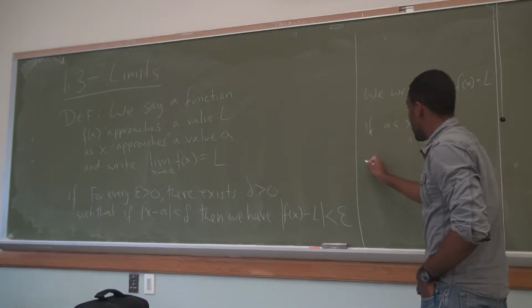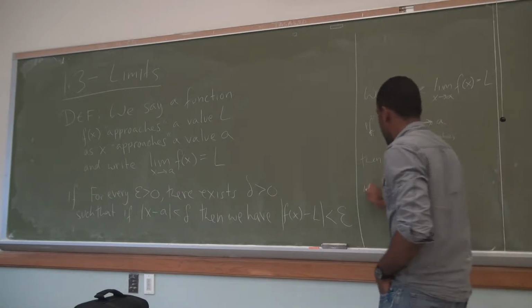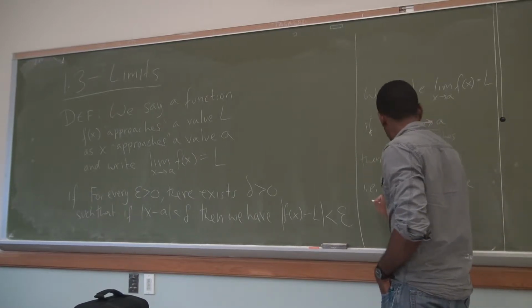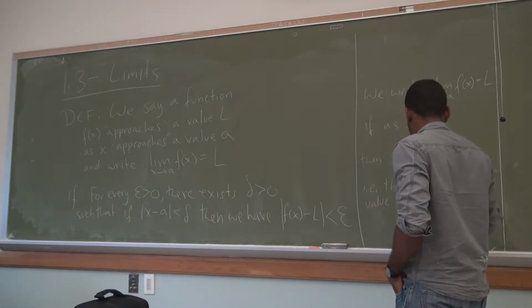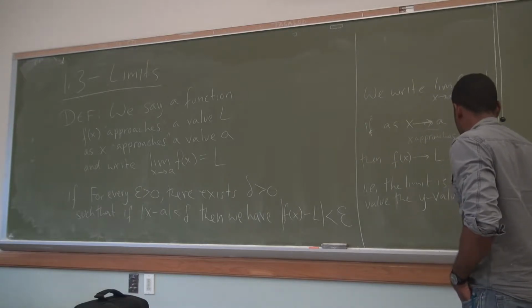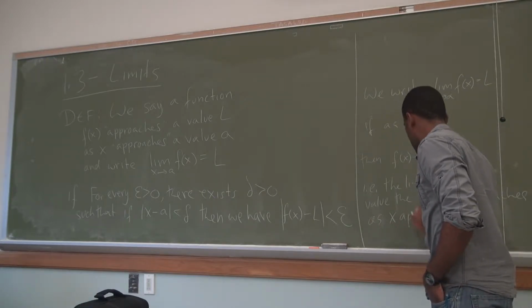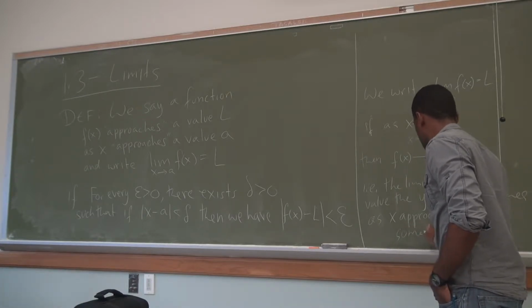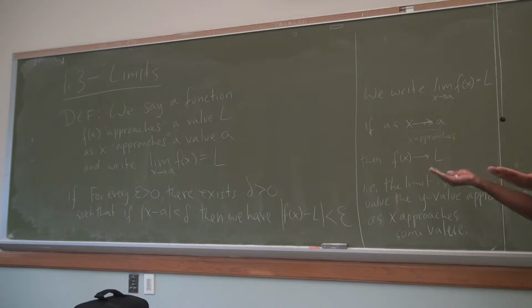If as x approaches a, your f of x approaches L, that is, the limit is the value L. So limit just basically means the y value you get close to when your x value gets close to something. That's basically how we're going to think of it.